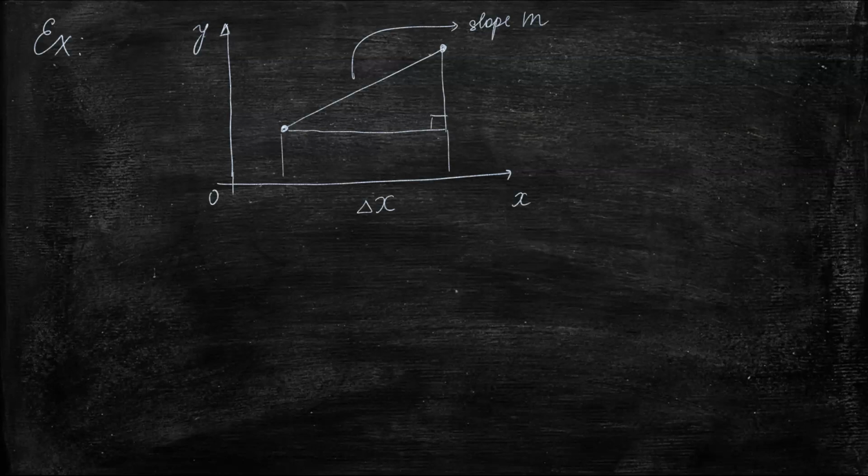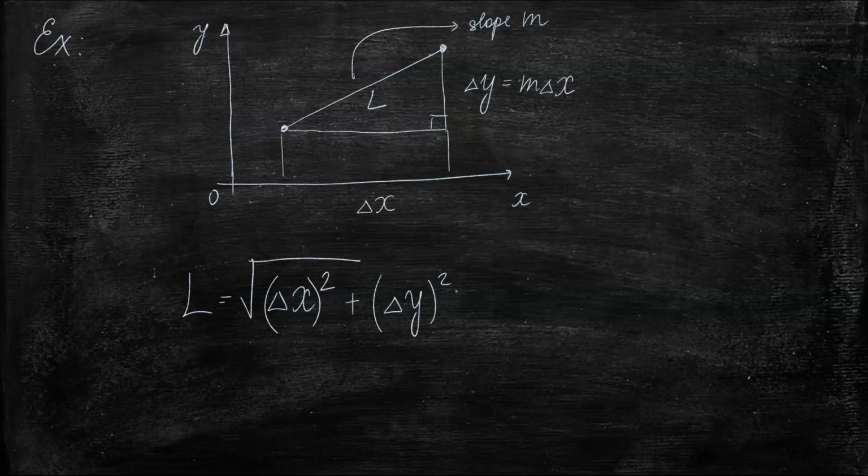Well, we're going to do it in 2 steps, right? So delta y is equal to the slope times delta x, and then the L, which we'll abbreviate for this length, will then be equal to the square root of delta x squared plus delta y squared.